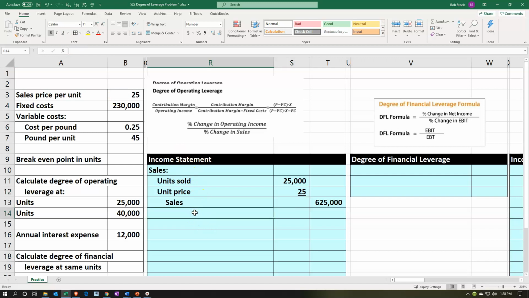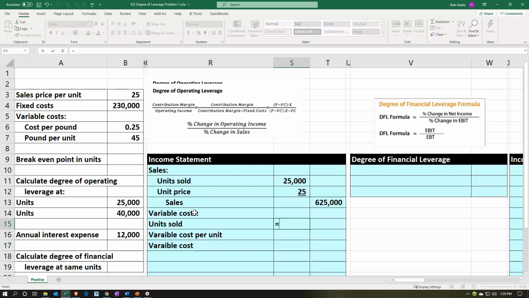Then we want the variable costs, which is going to be the units sold times the variable cost per unit, and that's going to give us our total variable cost. So let's do that. We're going to say the units sold is going to be that 25,000 again.